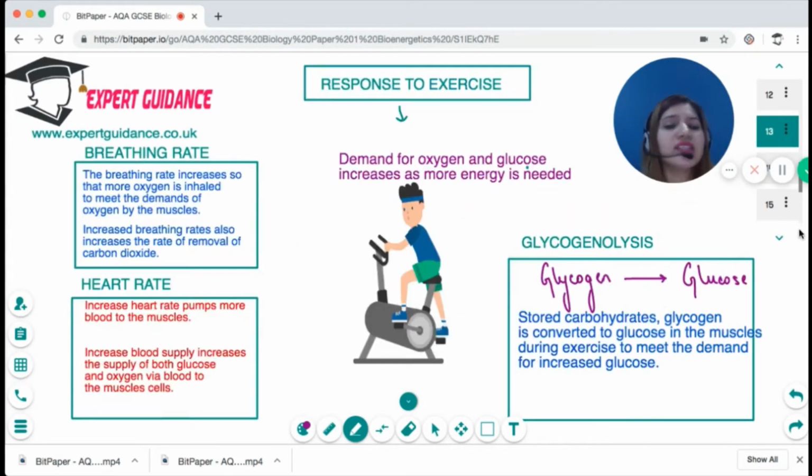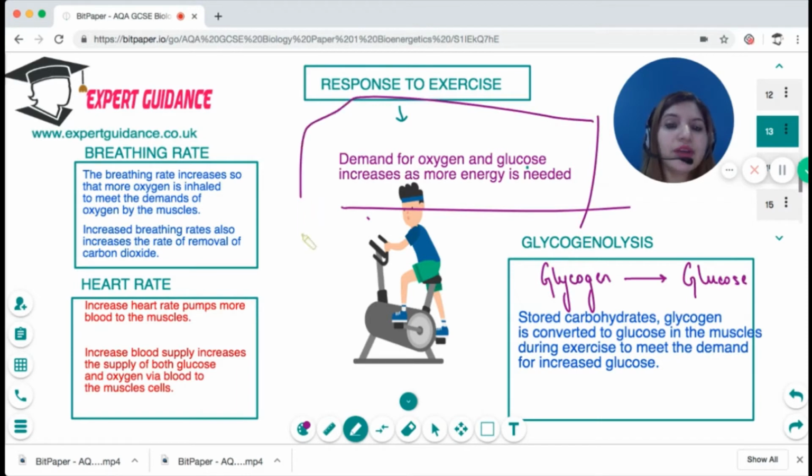Okay. Next is a very important concept. What changes do you see in your body when you exercise? Now remember, whenever you exercise, the demand for two things suddenly increases in your body: the demand of oxygen and the demand of glucose, because we need energy, and glucose and oxygen are the raw materials for energy. For having more oxygen, where do we get it? By breathing.